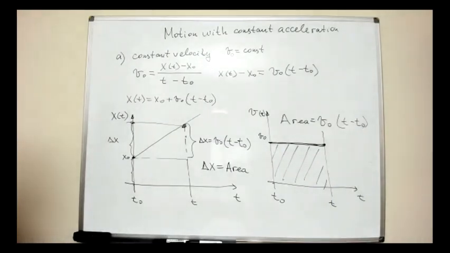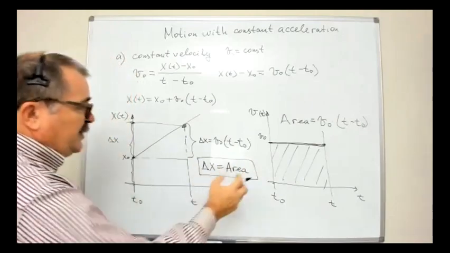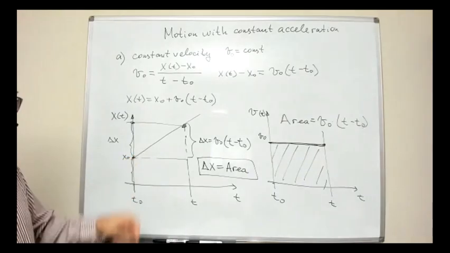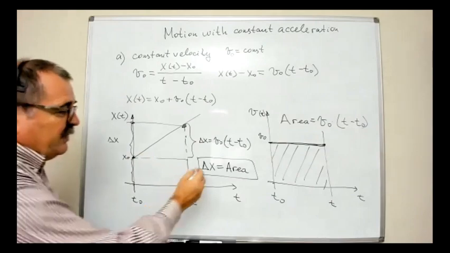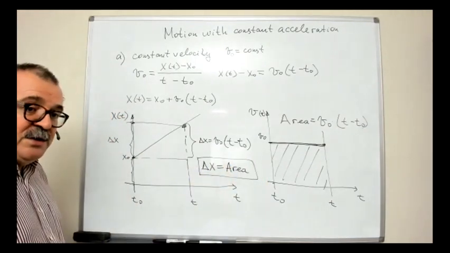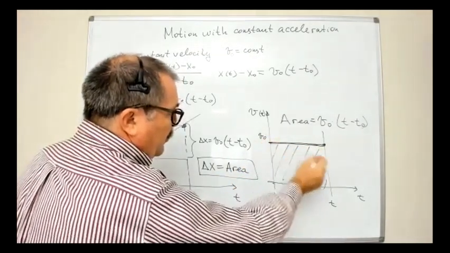Interesting. We found this property just by analyzing motion with constant velocity, but if the velocity is not constant, you'll still have this sort of relation between displacement during time delta t and the area under the curve v versus t.